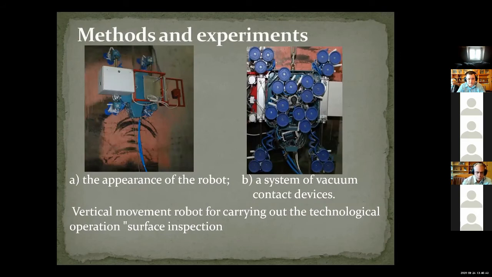It is possible to use several vacuum contact devices on every leg of a wall climbing robot, for example, as in this figure, A and B, to satisfy its variable motion over surfaces. The prototype of the underwater wall climbing robot under consideration is intended for inspection of underwater vertical surfaces.